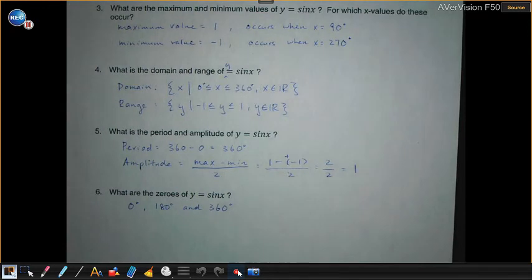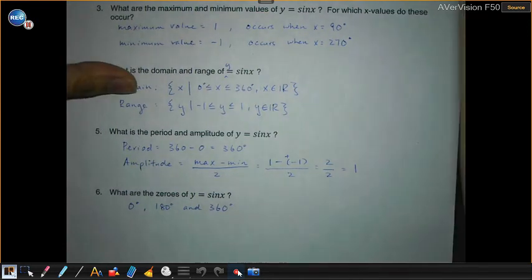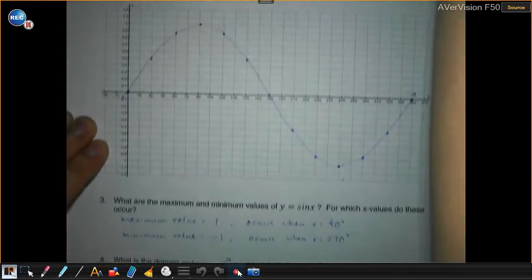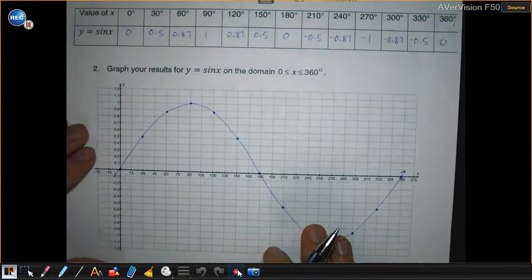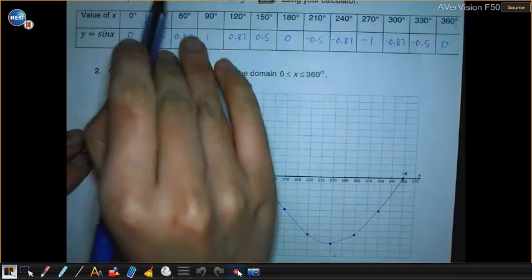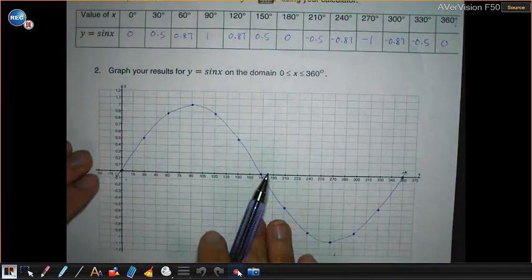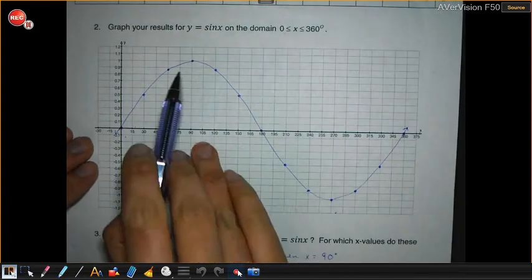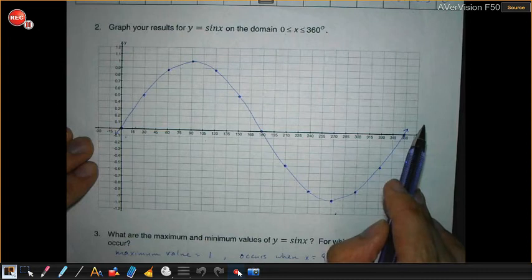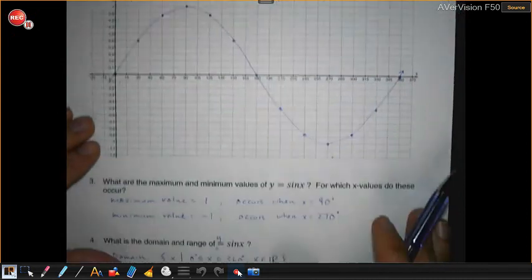Okay, so what we looked at today, we introduced the sine curve. We used a table of values to graph the basic sine curve. Again, this is one full cycle of a sine curve. And we analyzed the properties.